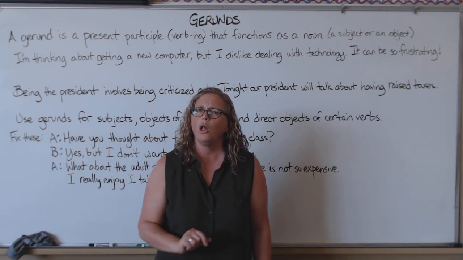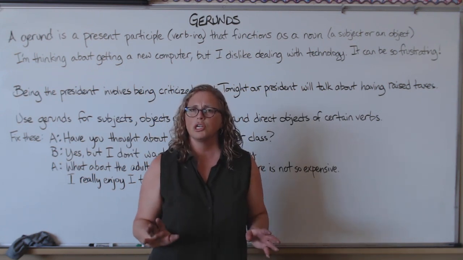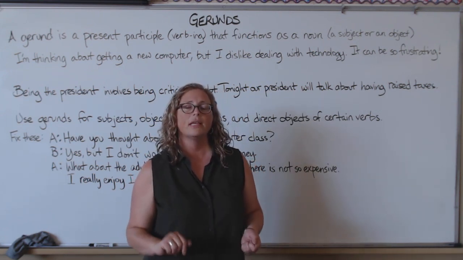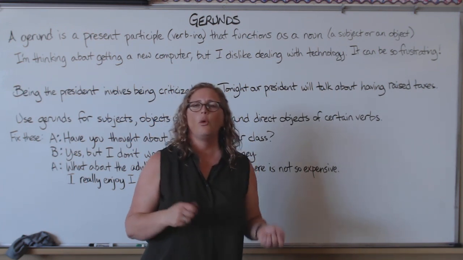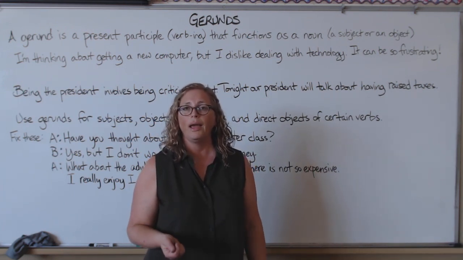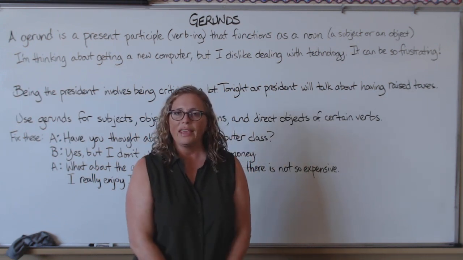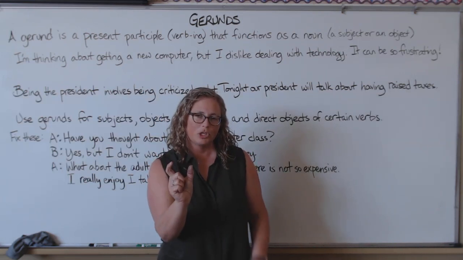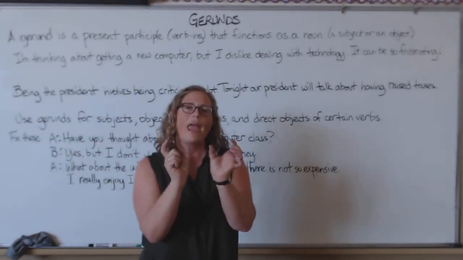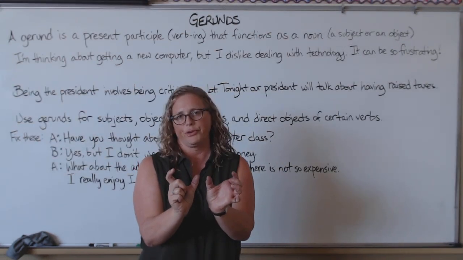Prepositions are those small words that show relationships between things: in, on, at, for, from, to, by, with. About is one that we're going to look at here. Those are prepositions. When you have a preposition in English, you need to have a noun after it.